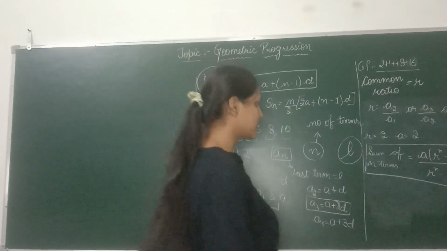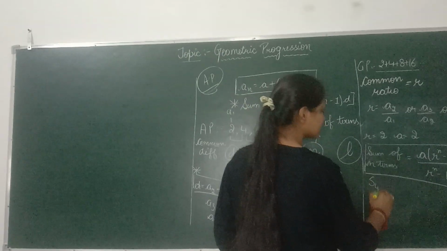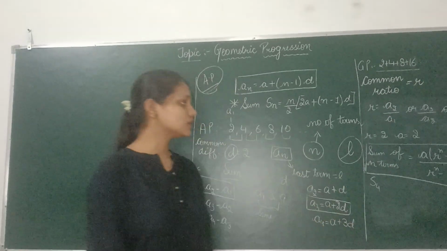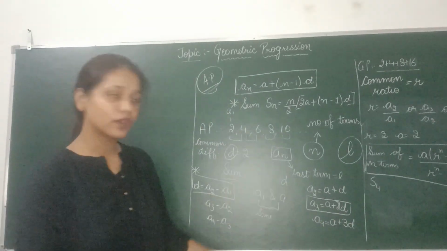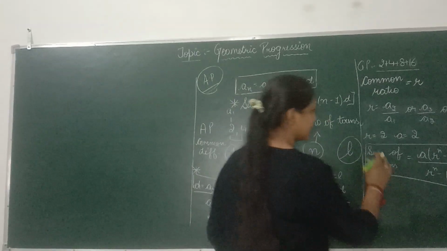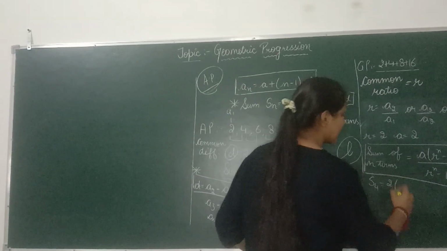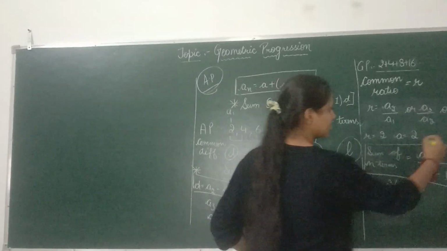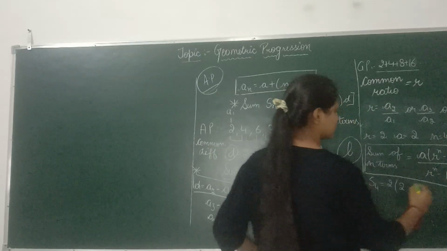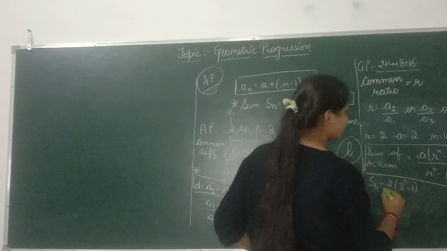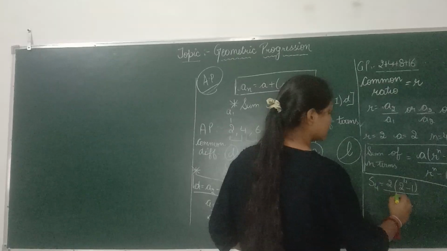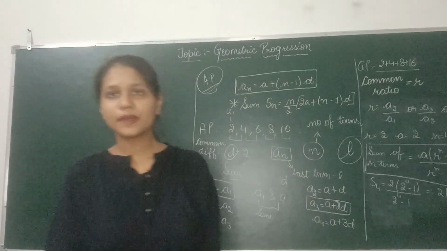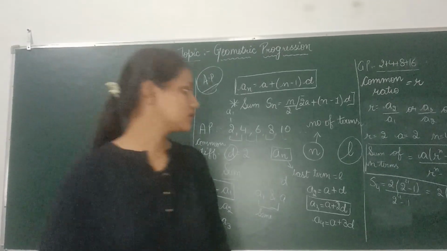If you have to calculate the sum of 4 terms as given in the question, 2 plus 4 plus 8 plus 16, then you can calculate it by the formula: A here is 2, r is again 2, and n here is 4. So r^4 minus 1 upon r minus 1, where r power 4 is 16.